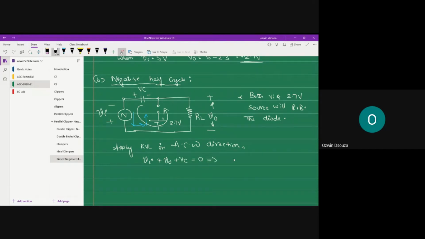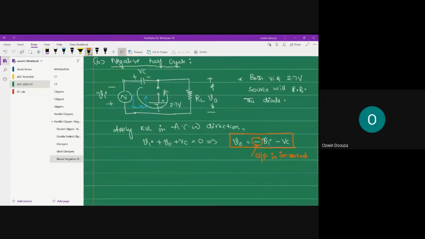That implies output is equal to minus VI minus VC. The negative sign simply indicates that the output is inverted.